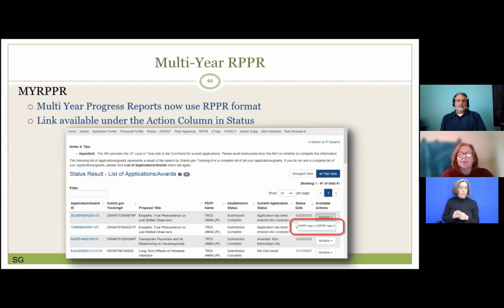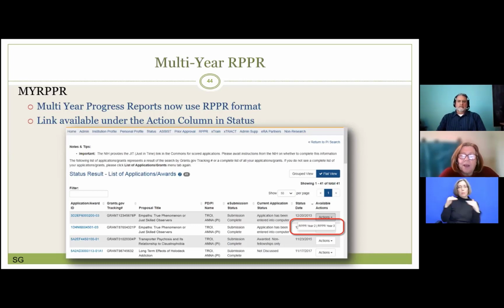Multi-year RPPRs. Now, these are the most fun RPPRs that we have on our docket. I'm explaining this because quite often it gets confusing. We do fund almost all of our grants for more than 1 year, but not at a time. In the multi-years, your budgets and your project periods will be equal. So if your budget period is more than 1 year, then it will equal the same as your project period.